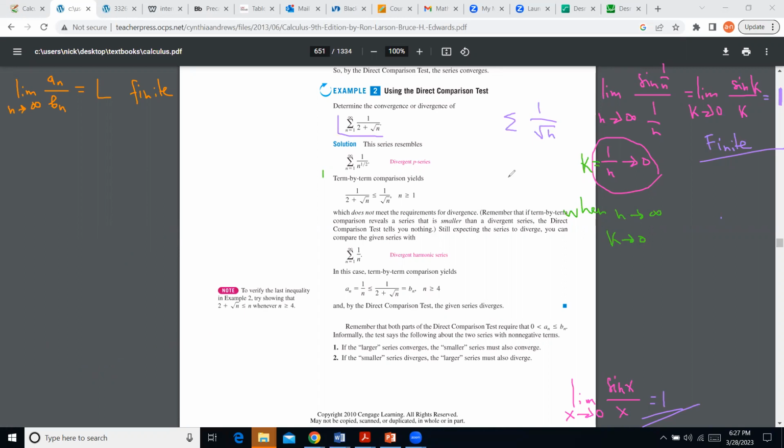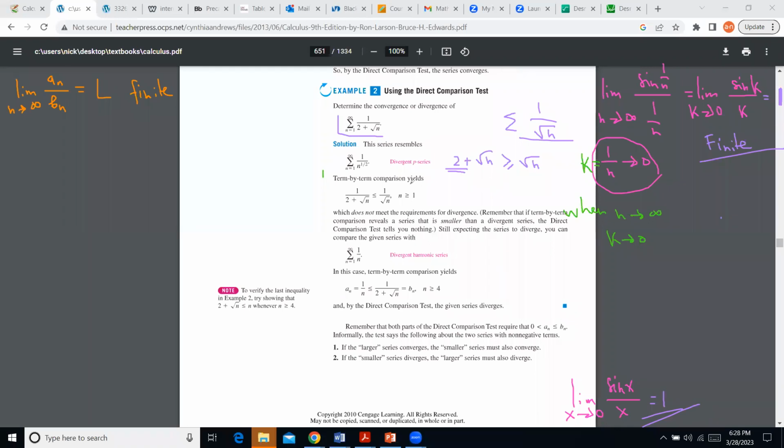But what it says here is that if you look at the terms of 2 series, of this series and that, and if you notice that 2 plus square root of n is going to be always greater than square root of n, isn't it? Why is that? Well, because I add 2 to one side. I have the same thing, but on the left side I add 2, so it bumped it up by 2. So it's definitely going to be greater. Well, they like to put greater than or equal to, to be on the safe side.